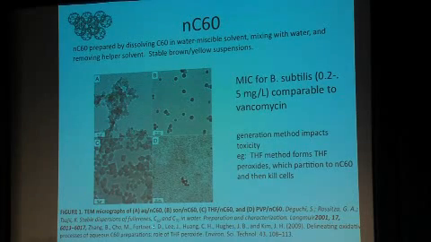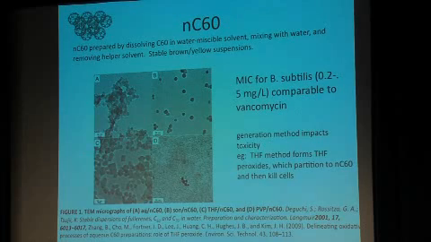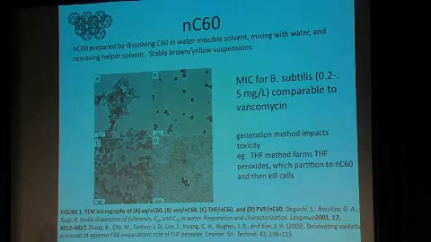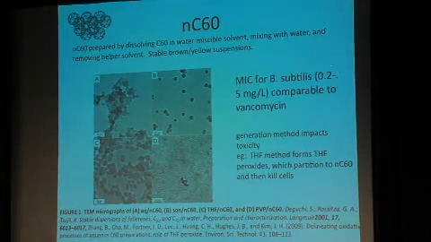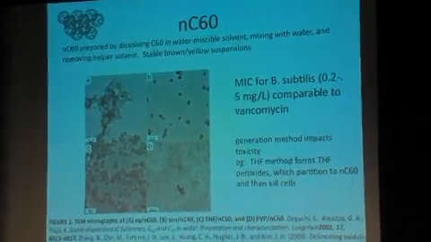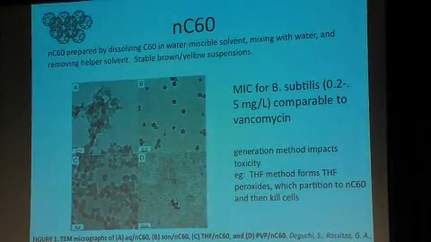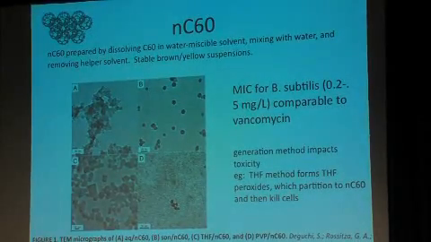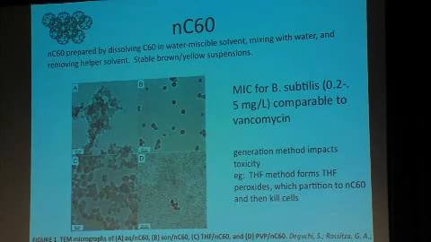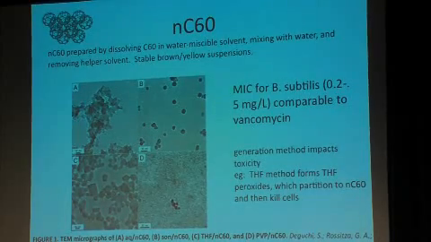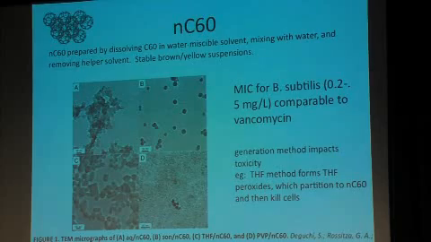This actually has brought some interesting features to light. So, for example, when the C60 aggregates are formed, they're formed from a particular solvent. And in this case here, the lower inhibitory concentration corresponded to the aggregates that were made from the THF dispersion. And THF is an organic ether, and it can form organic peroxides.